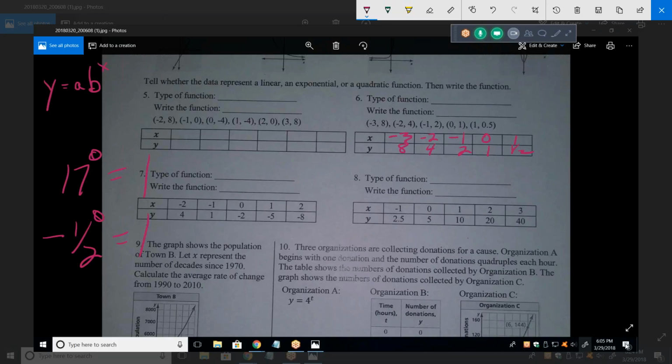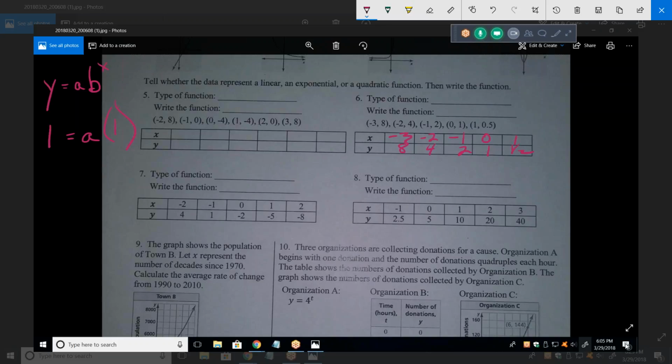Everything is 1. Anytime you take any number to the 0th power, you get 1. And that's helpful here because we know that when x is 0, y is 1. So I can fill in 1 for y. I don't care what this is. I know that b to the 0th power is 1.